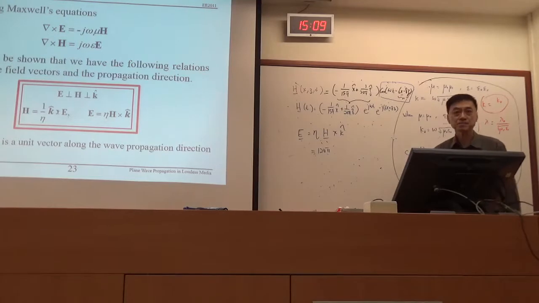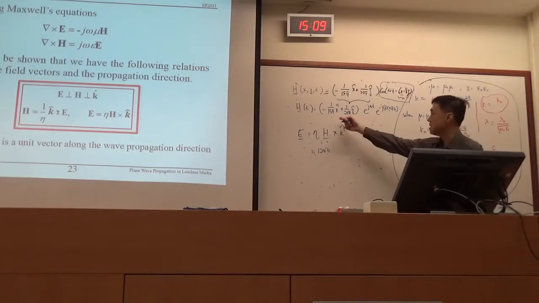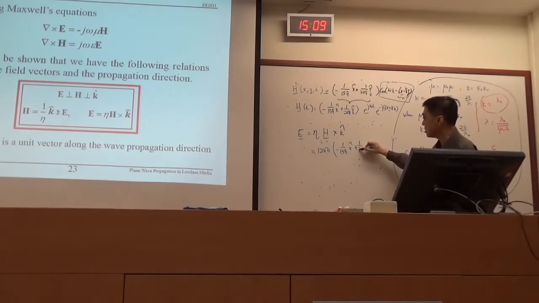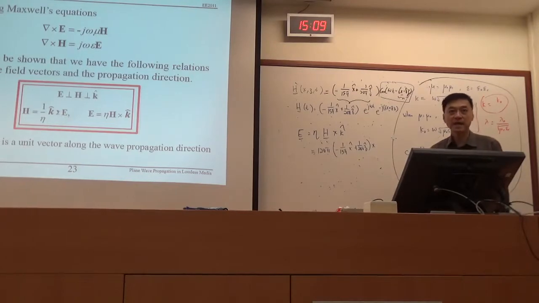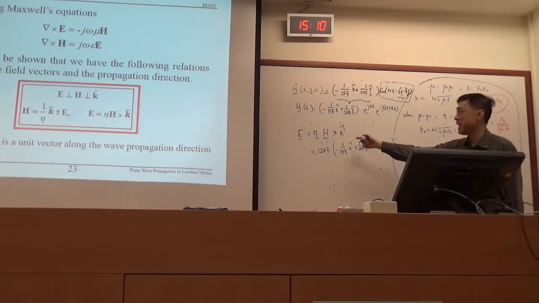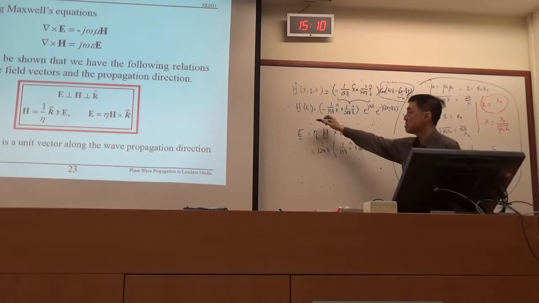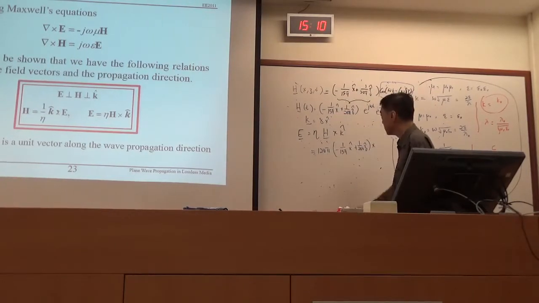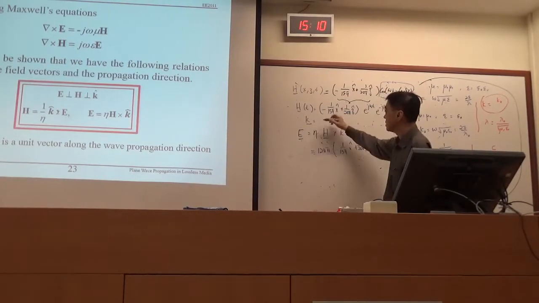Now what is H? H is right here. So I write down minus 150 pi x plus 120 pi z cross k. Now this k is equal to 6x plus 8z.